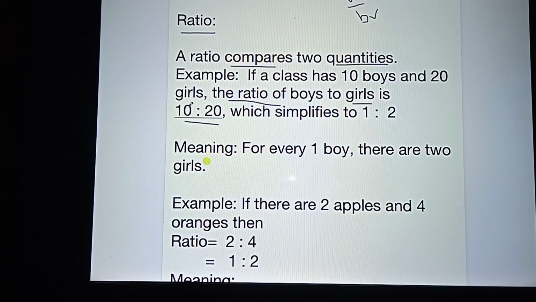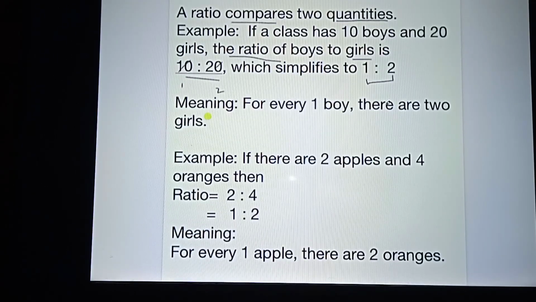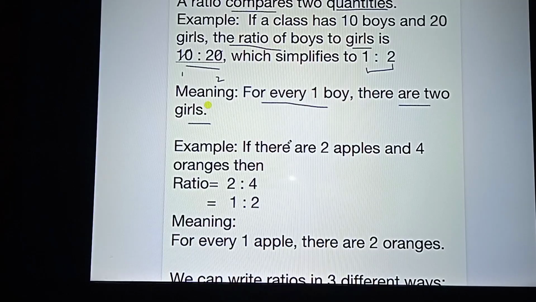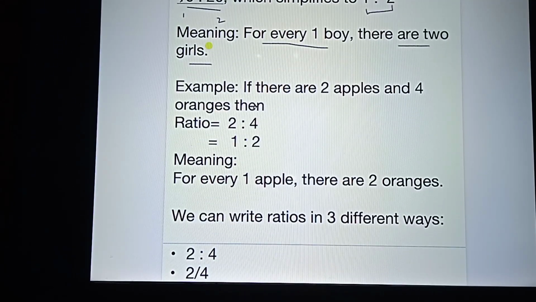We can simplify this. 10 ones are 10 and 10 twos are 20. So the ratio will become 1:2, and this means that for every one boy there are 2 girls, meaning the number of girls is more than the boys.